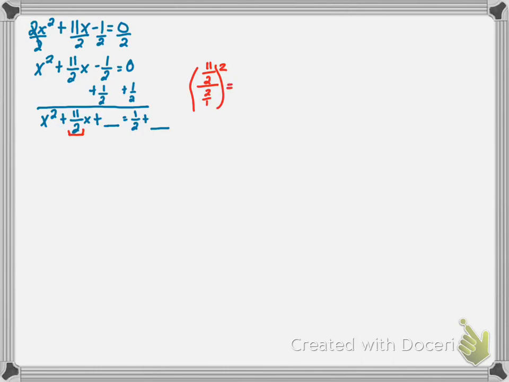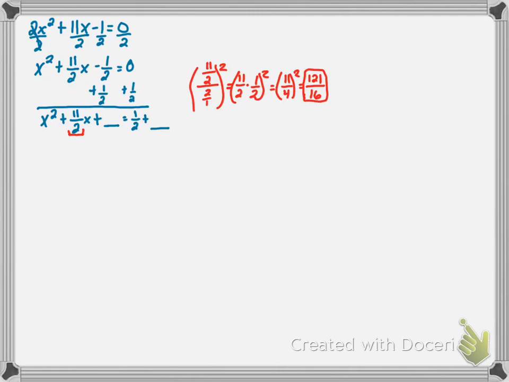And so, really, this is 11 over 2 times a half, and then we're still going to square that. And then, as we simplify it, we have 11 over 4, and we're going to square it. We're going to get 121 over 16. This is the number that goes in our blank.